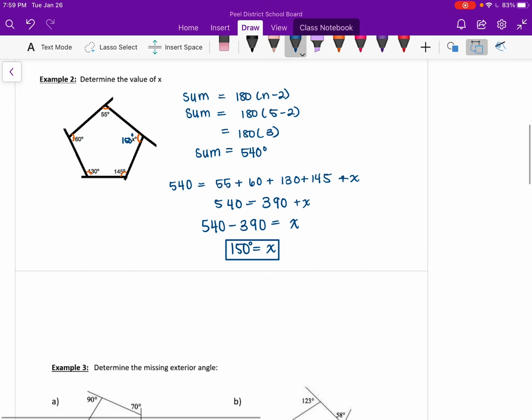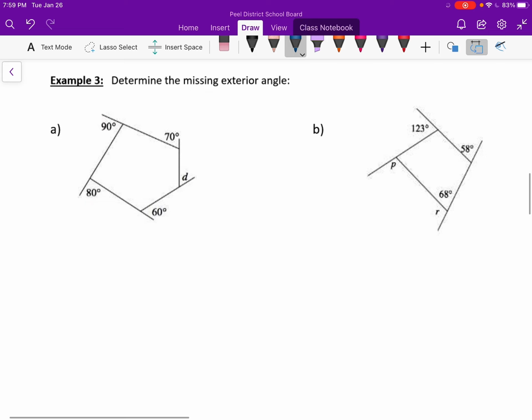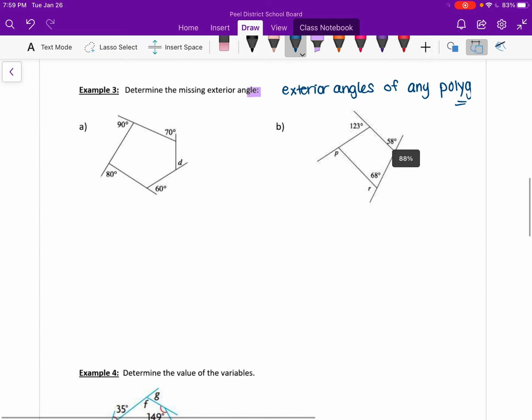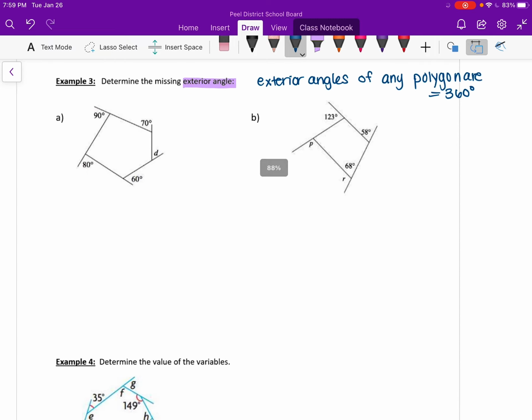Okay? So now this is saying determine the missing exterior angle. Before we even start solving this, let's remember that the exterior angles of any polygon are equal to 360 degrees.